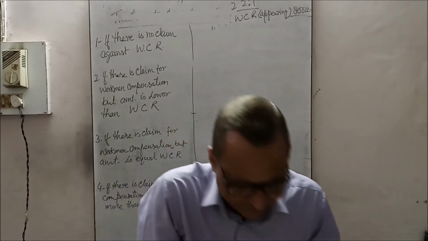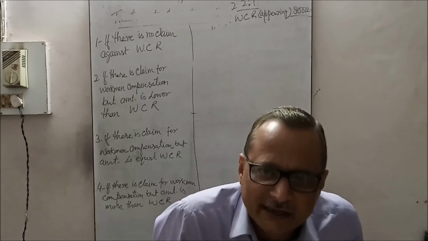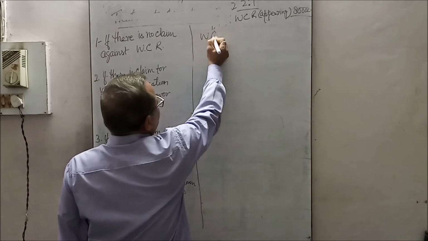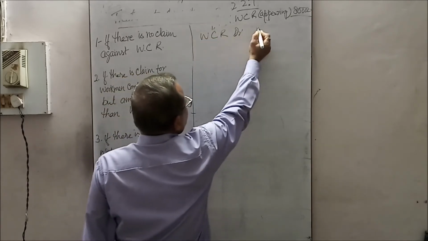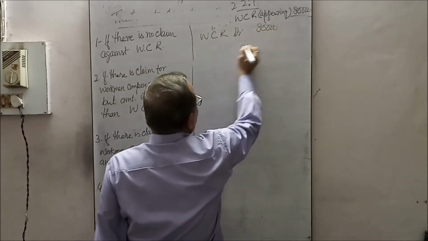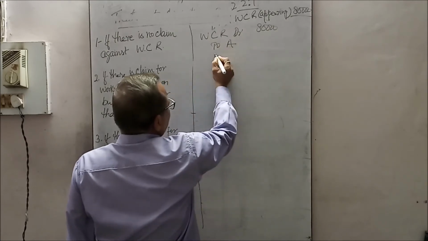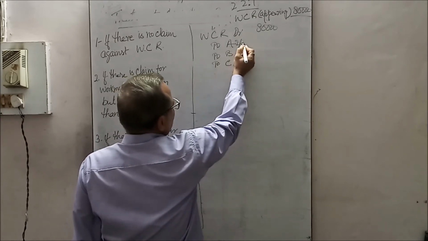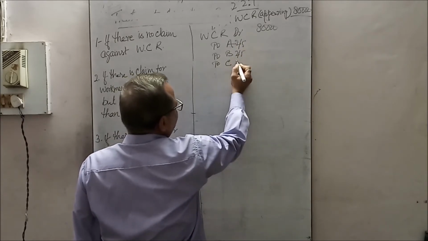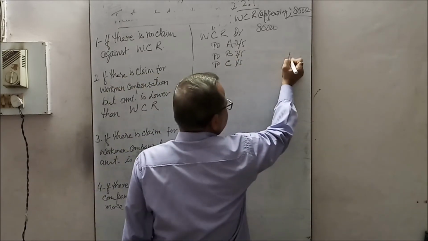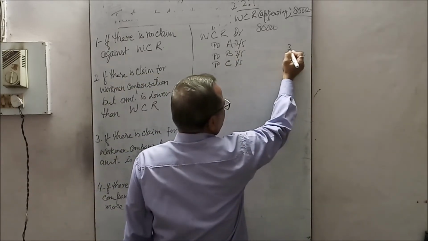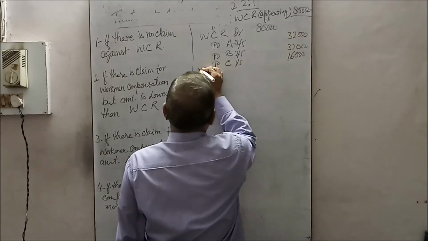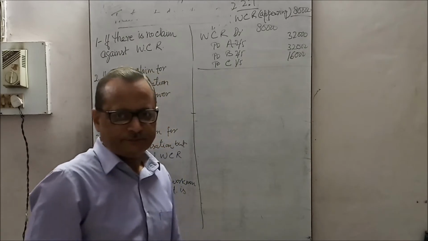Number one case, if there is no claim, no other information, then you have to pass WCR debit 80,000 to A's capital, to B's capital, to C's capital, in which ratio? 2/5, 2/5 and 1/5. That is 16,000, 32,000 and 32,000. This entry should be passed.